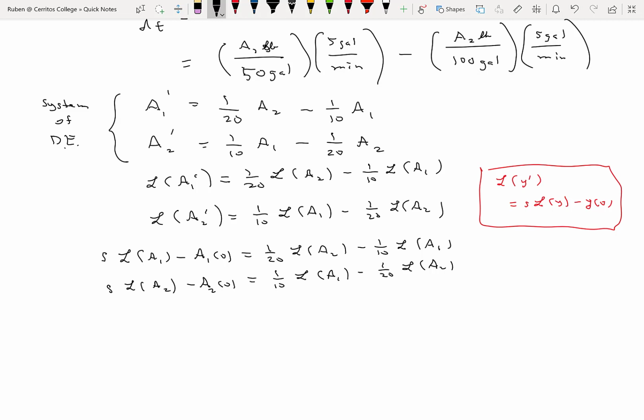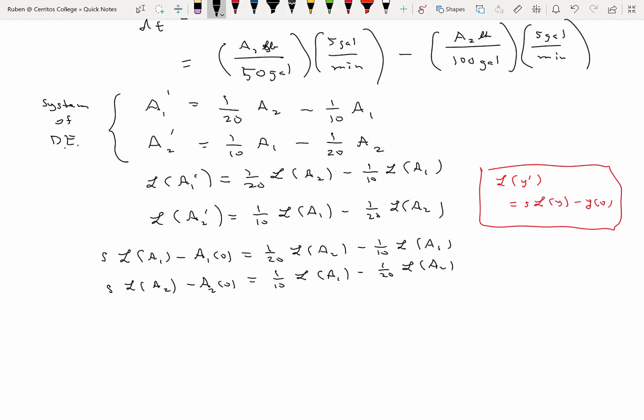Now from here I'm going to make a kind of a big algebraic leap. And if I go too quickly, pause the video, and if necessary, go back a few seconds if you miss some stuff. But I have now 2 equations that need to be solved. And the variables involved are actually the Laplace transform of A1 and the Laplace transform of A2.